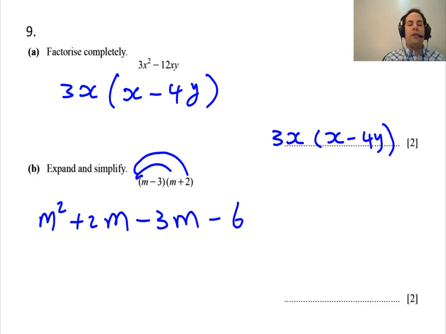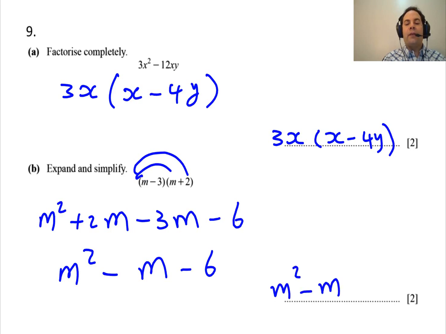And simplify your answer. 2m minus 3m are like terms, so you get only one term, which is -1m. You can keep it as -m, or you can say -1m, minus 6. So the final answer is m squared minus m minus 6.